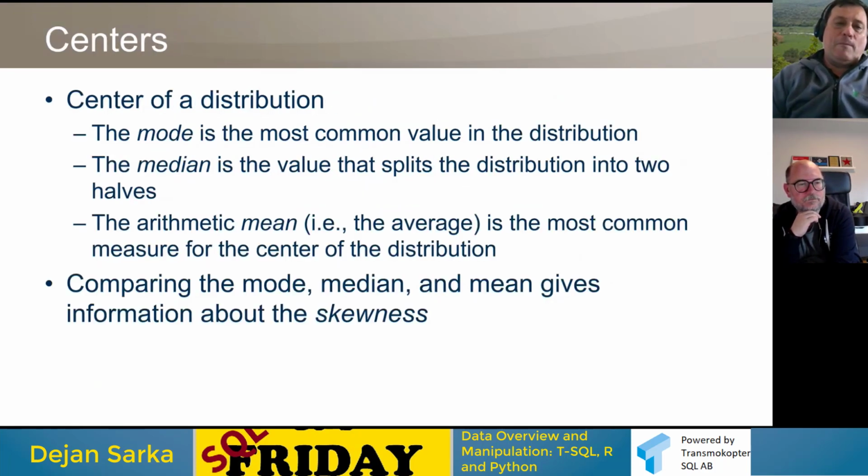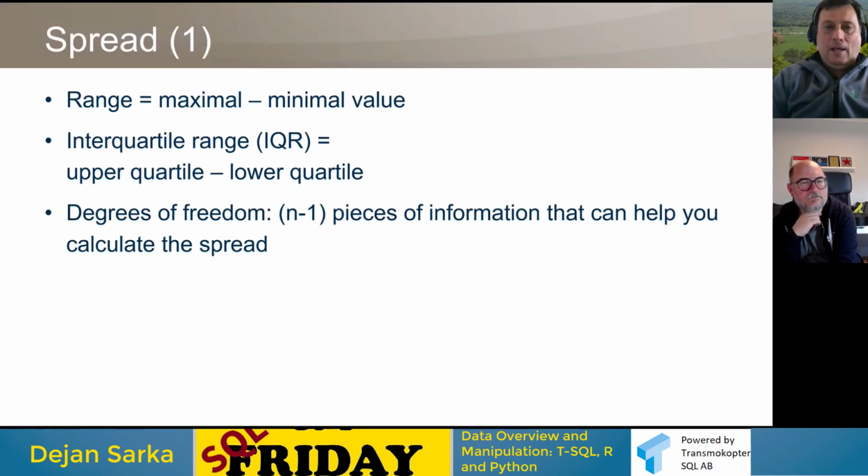And yes, we have median, we have arithmetic mean, and we can compare median and mean to get skewness. Mode is the most frequent or common value. You can also calculate it to see if you have a single mode or multiple modes, if you have more than one peak, and then we have bimodal, trimodal, or multimodal distribution, which gives you some idea. And range, the absolute value, maximal minus minimal value, is not very useful because of outliers.